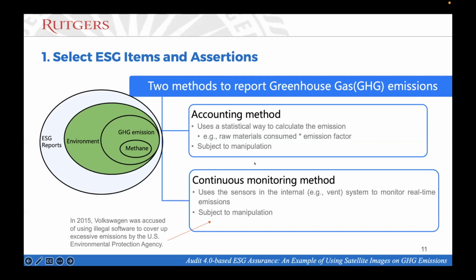The other one is the continuous monitoring method, which uses sensors in the internal system to monitor real-time emissions. But this is also subject to manipulation, and you can see there's the Volkswagen scandal here.